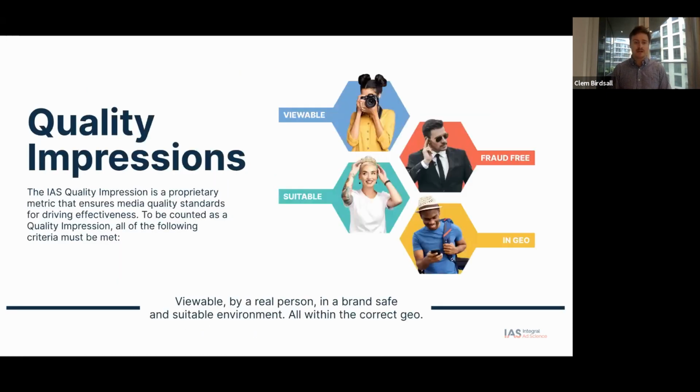So when we, I guess, look at IAS and what we're really trying to do, we are trying to deliver quality impressions. What we define as a quality impression is an ad that is viewable, it's fraud-free, so it's to a human, it's in a safe and suitable environment, and it's in the right geographic area.